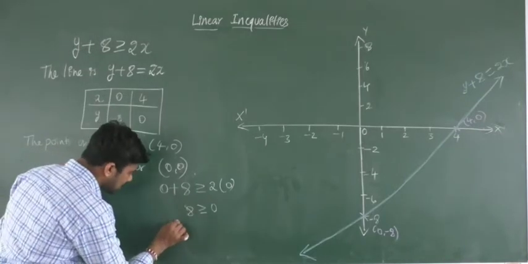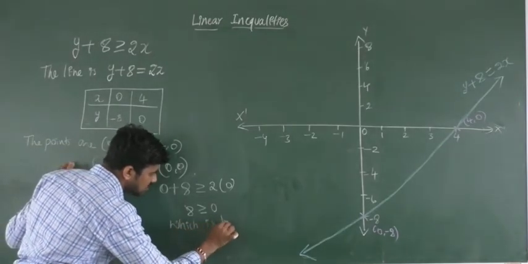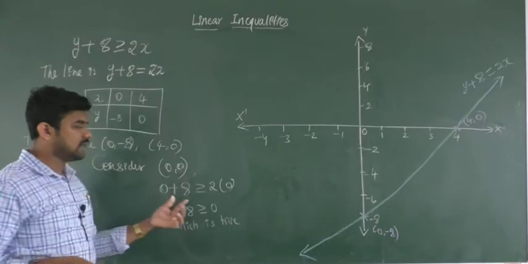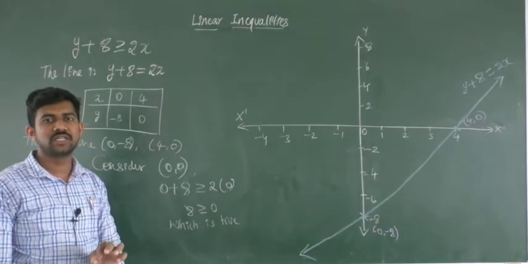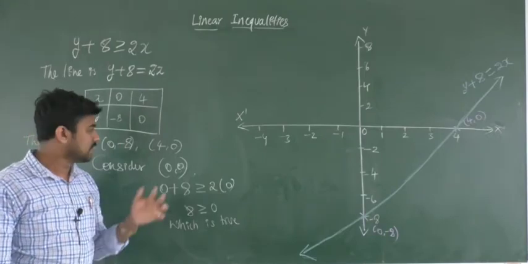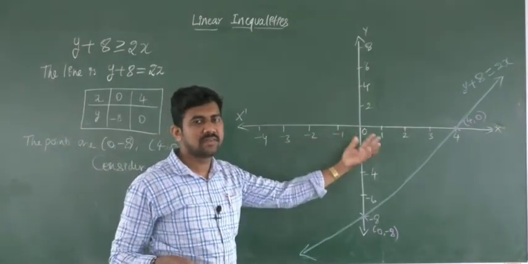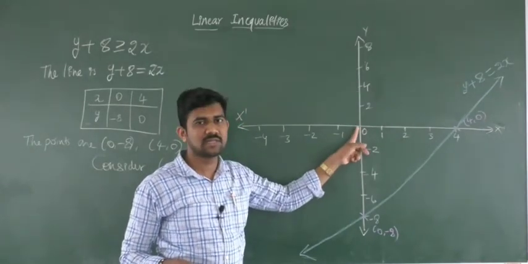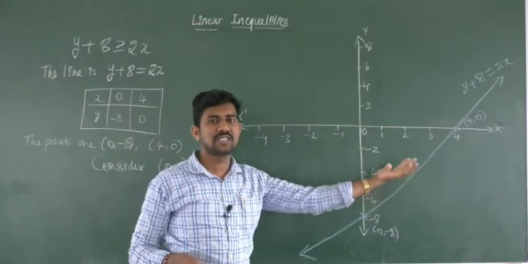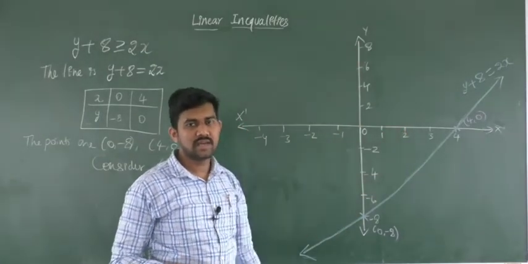That's why this point, the origin, lies in the solution region. Origin lies in which half plane? Upper half plane. So origin lies in the solution region, which means clearly the solution region is the upper half plane, including all the points on the line.